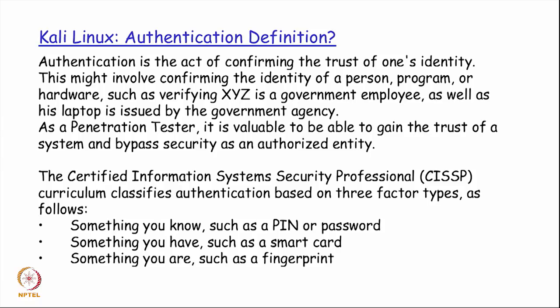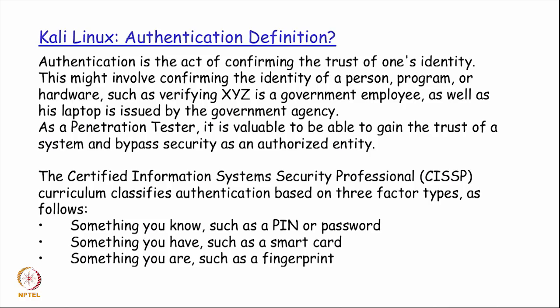So, depending on what kind of authentication I am trying to do, I could for example say that the XYZ person is a government employee, and that he is right now trying to establish a session from a laptop which has been issued by the government agency only, right. All these different permutations and combinations are possible before I tell this particular party XYZ that they are to be given these kinds of privileges henceforth, as long as this particular session is available.